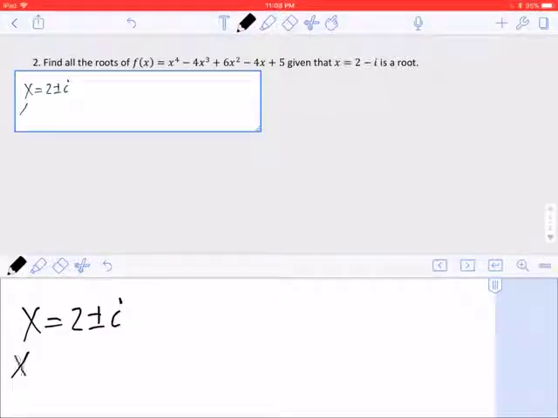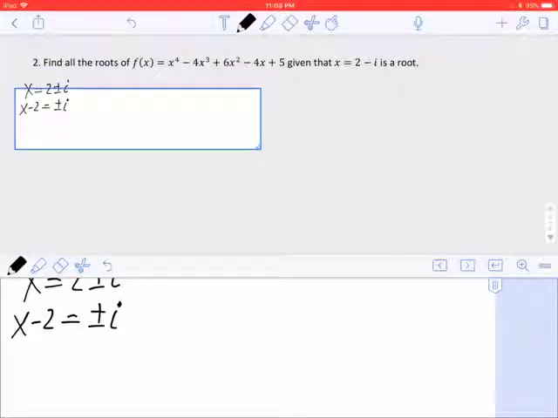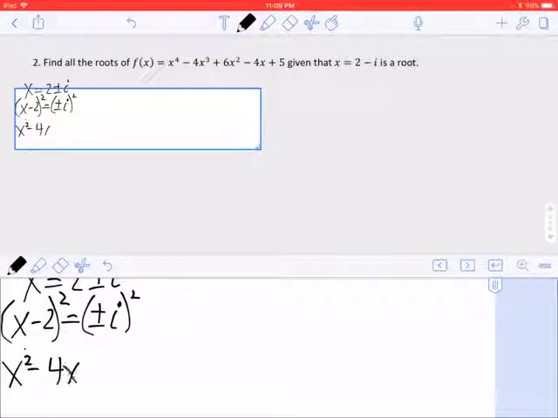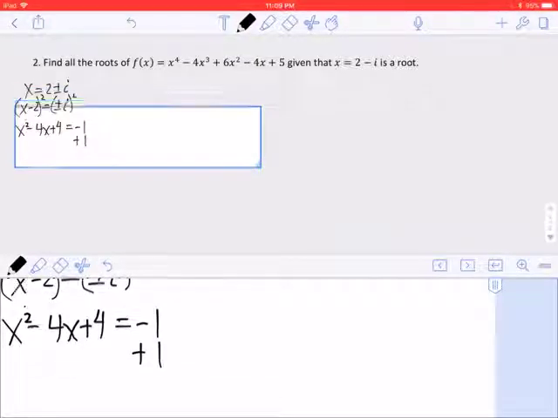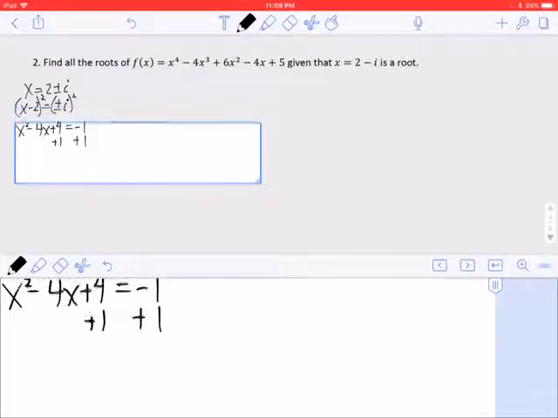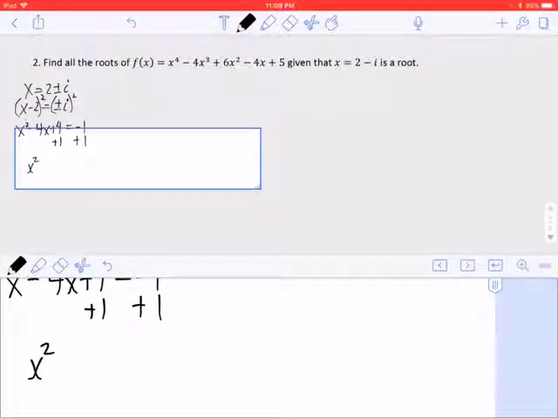So then we would get x minus 2 equals plus or minus i. And squaring both sides gives us x squared minus 4x plus 4 equals negative 1, and then add 1, and we get x squared minus 4x plus 5.